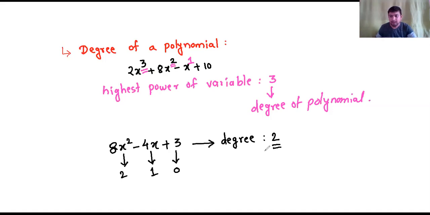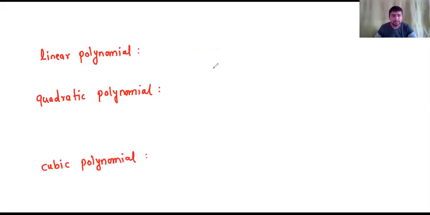Is it right? Now, based on the degree, the polynomials are further classified as linear polynomial, quadratic polynomial, cubic polynomial. Now, what is meant by linear polynomial? It is a polynomial with degree 1.